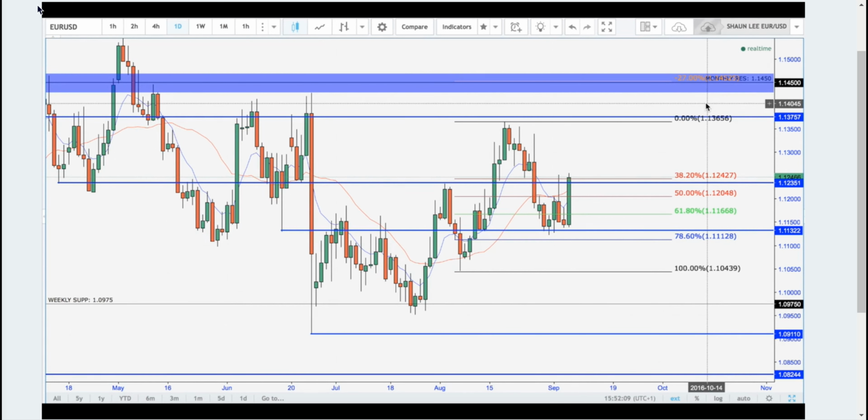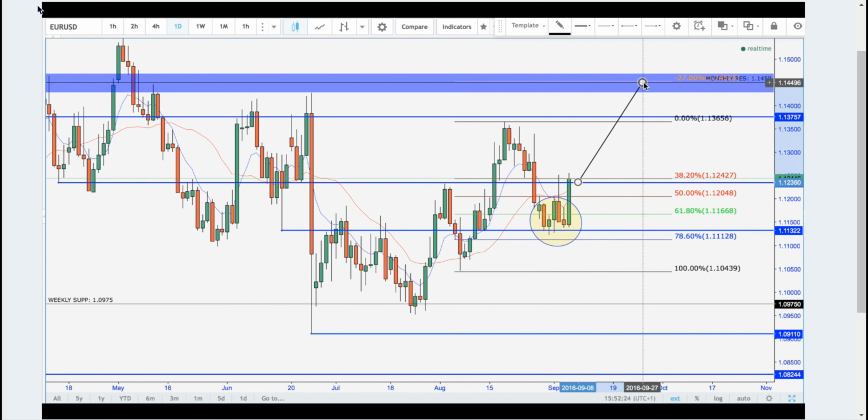So if we do get a close above, we can say this whole region is a confirmed 61.8. Let me just highlight this area. See retracement 61.8, and remember the -27 extension level is going to map out where the Euro USD is going to make a new higher high.